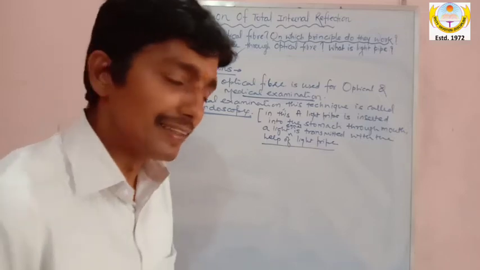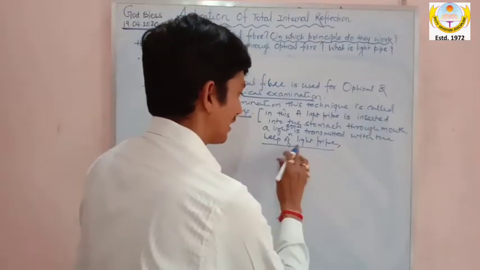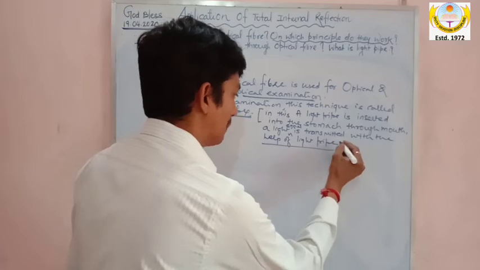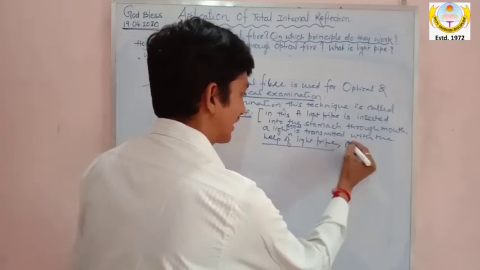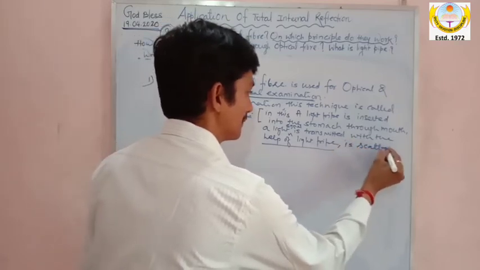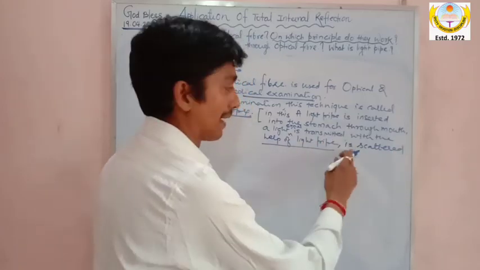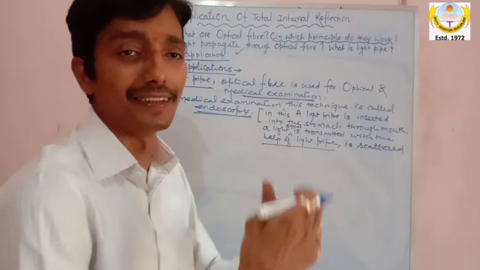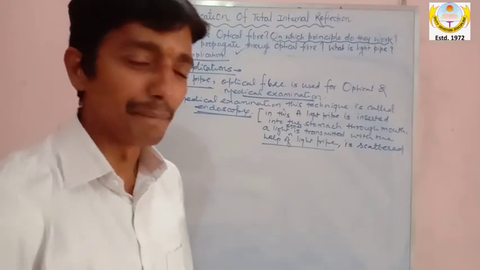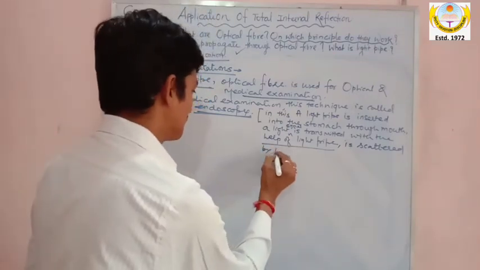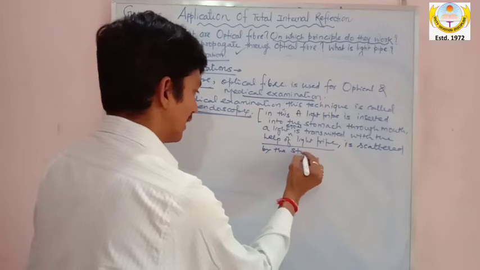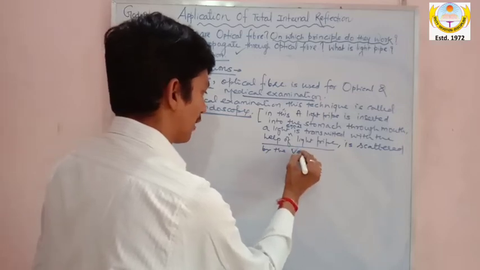Am I clear? Scattered. This light signal which is transmitted with the help of the light pipe is scattered by the stomach, by the various parts of the stomach.